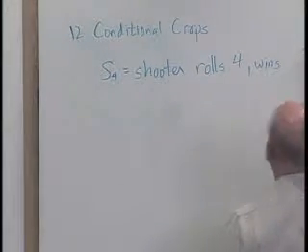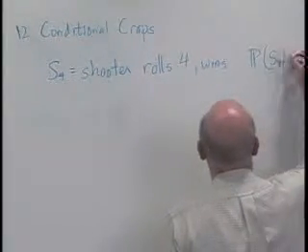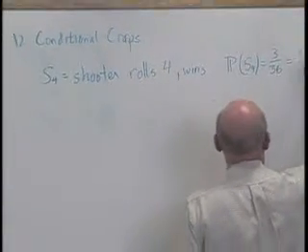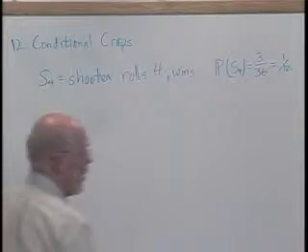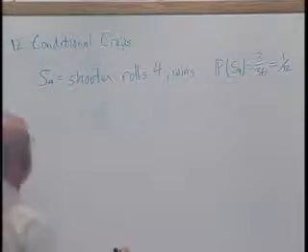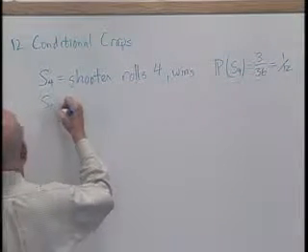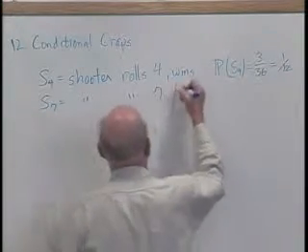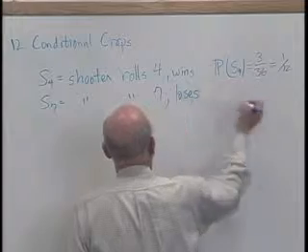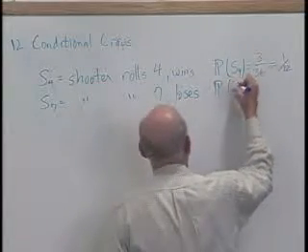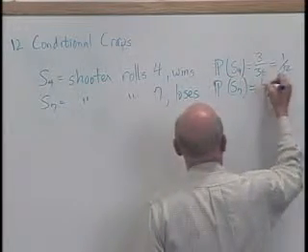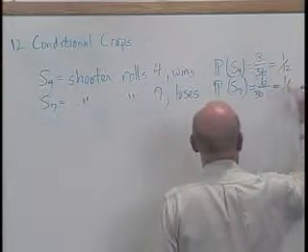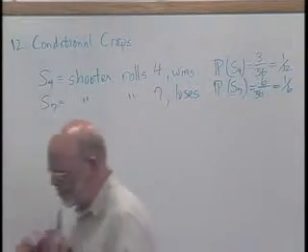And we know the probability of that event is 3 over 36, or 1/12, because there are 3 ways of rolling a total of 4 on 2 dice. Or S7, which is that the shooter rolls a 7, in which case he loses, and the probability of that is the number of ways of rolling a 7 over the number of outcomes, or 1/6.